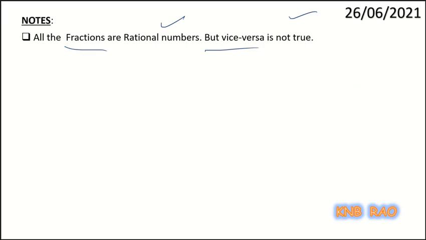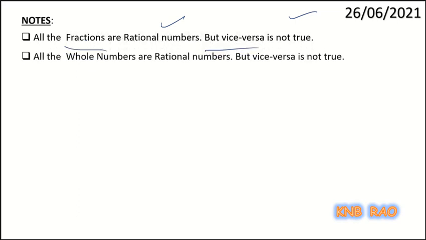You have already seen such an example. Next, all whole numbers are rational numbers, but vice versa is not true. Even whole numbers are rational numbers, because we can write 0 by 1, 1 by 1, 2 by 1, 3 by 1 and so on. Minus 2 by 3 is not a whole number.